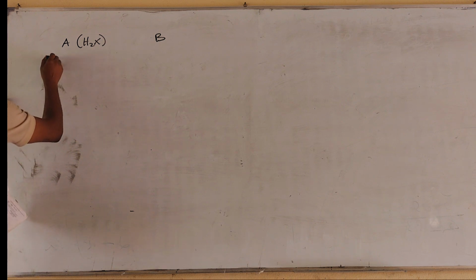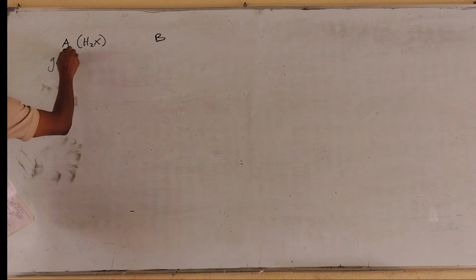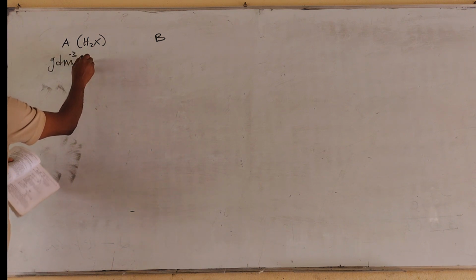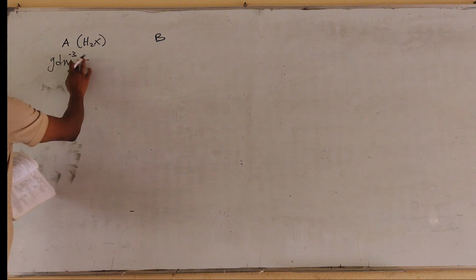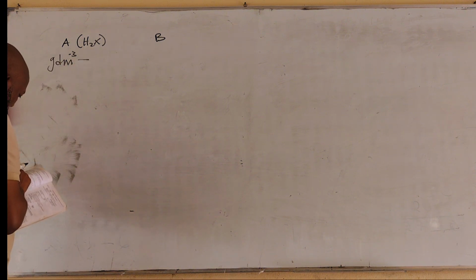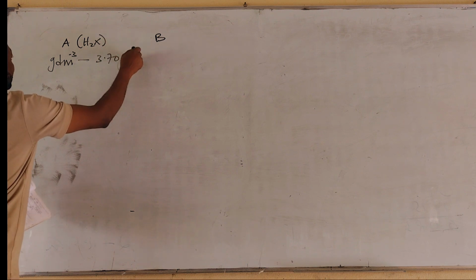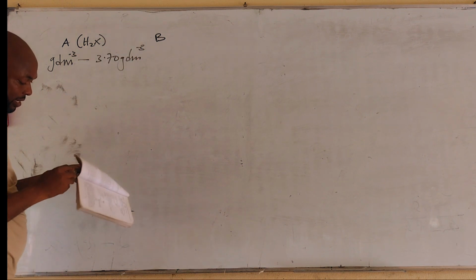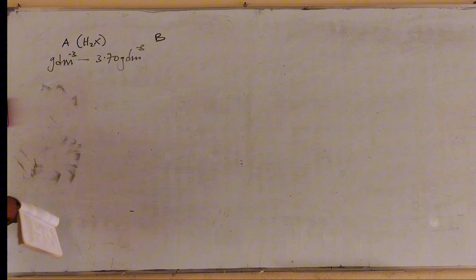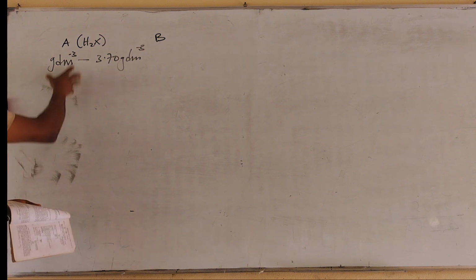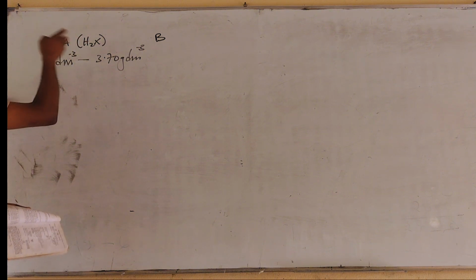That the g per dm cube is 3.70 means the mass concentration of the acid is 3.70.